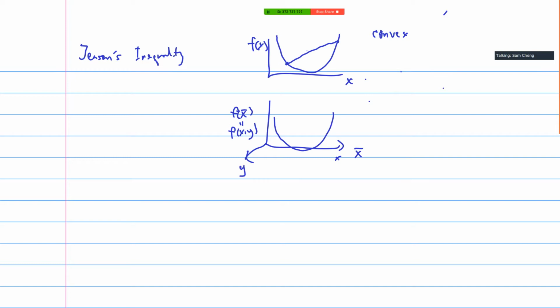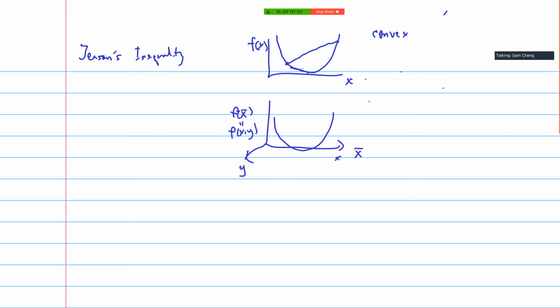For example, I can look at this line here. It's above this function here. As I said, the way I draw it is not exactly very convex, but you see my point.